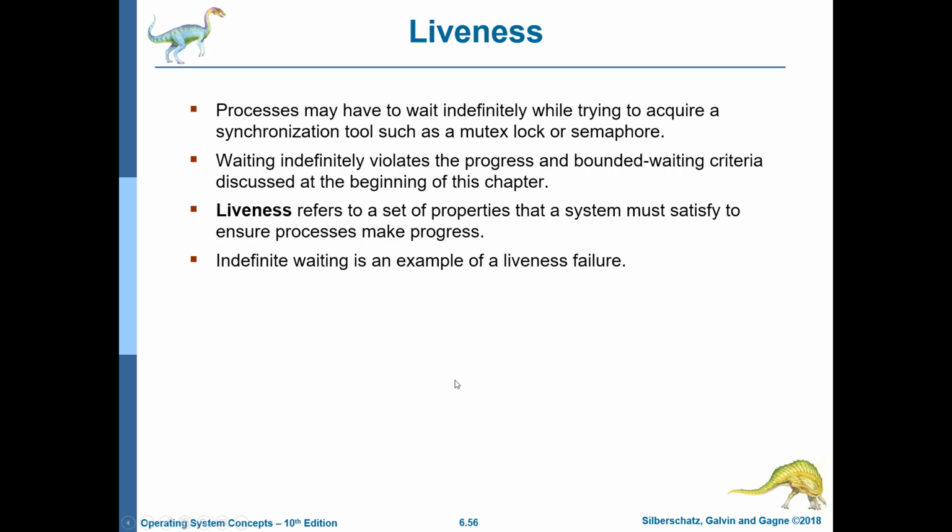Liveness basically says that something good needs to happen all the time, which means that if I am waiting at a traffic light, then even if there is no accident, ultimately I should see a green light. Ultimately I should be able to proceed. It should never be the case that only traffic along this road is going and not along the vertical road. So liveness means that ultimately I should get access to the lock.